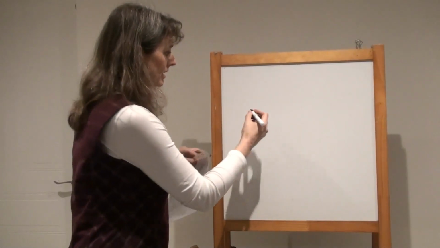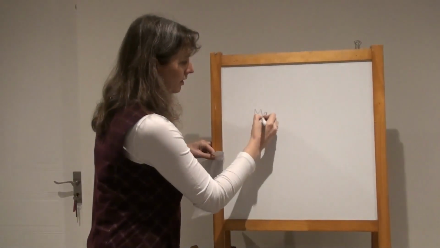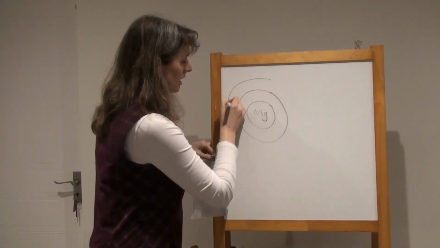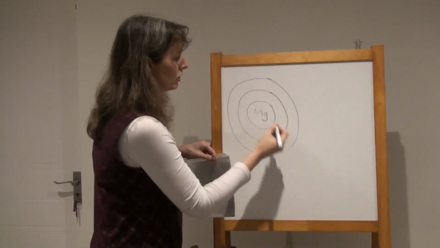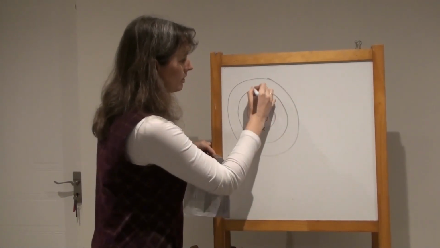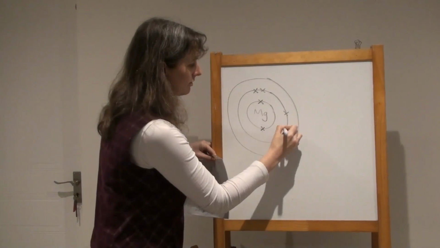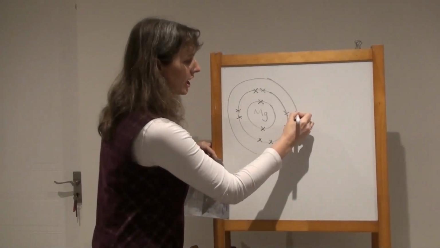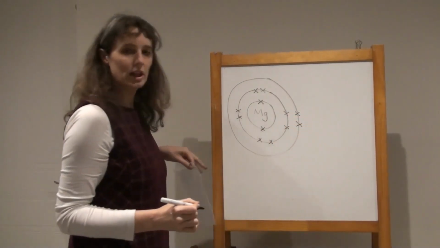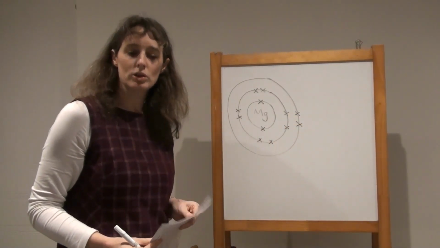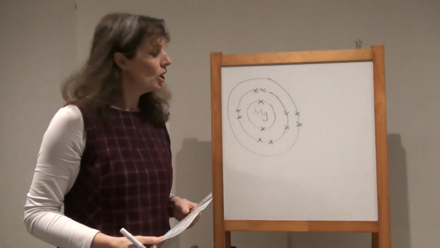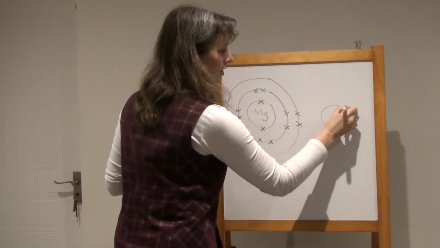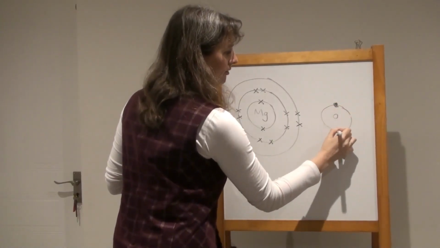So a magnesium atom has 3 shells, and the first shell, as you know, holds 2, the second shell is also full at 8, and then the third shell for magnesium holds again just 2 because of course it is in group 2.